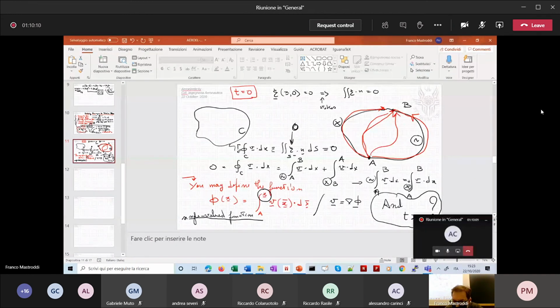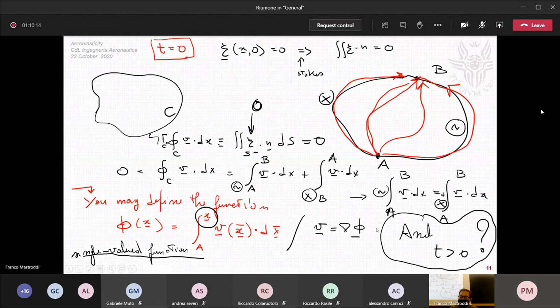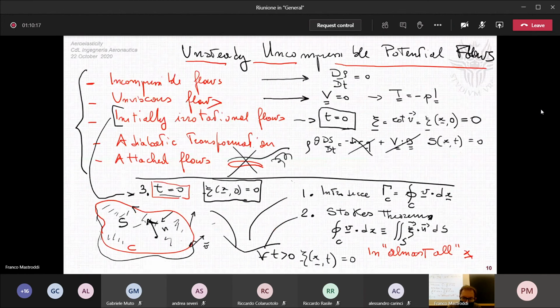Just to recap what we have done this time, I have defined these scenarios for incompressible, unsteady potential flow. These are the hypotheses. And now we are focusing on the initial time.